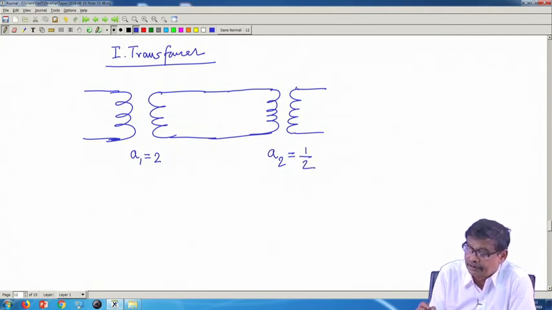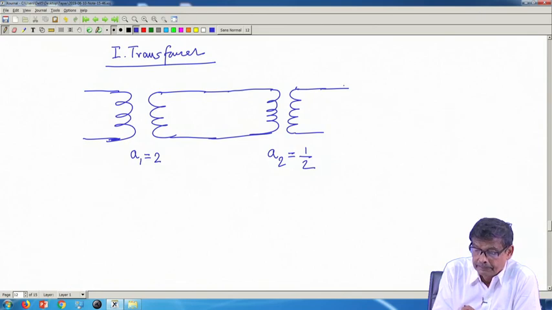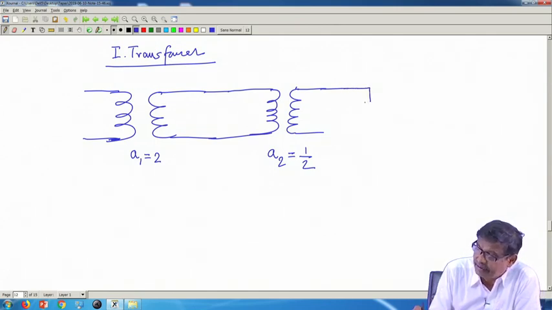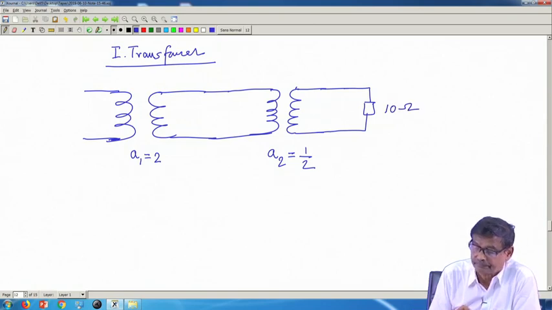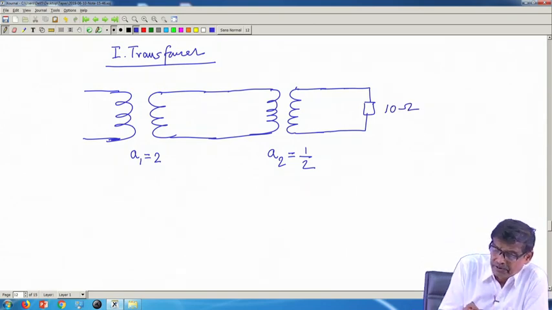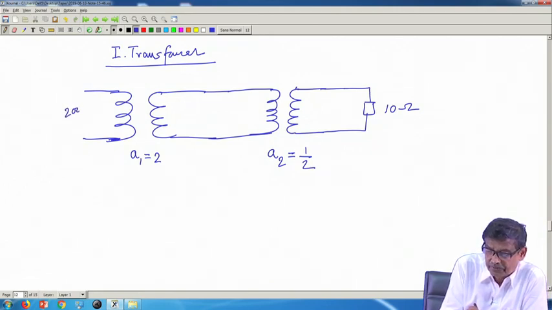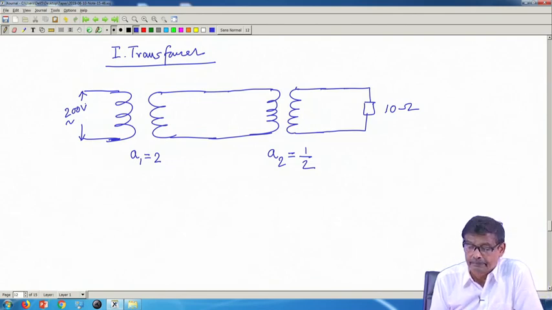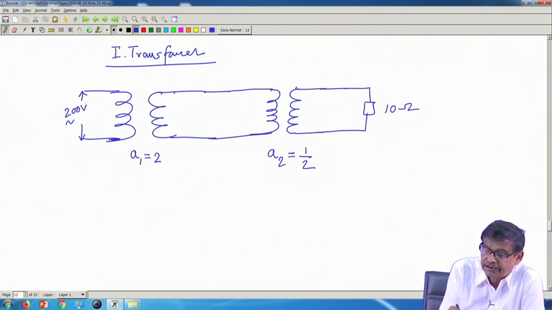Suppose he has connected an impedance of 10 ohm on this side, and you have connected a 200 volt, 50 hertz source here, 200 volt AC RMS. Tell me what is the voltage here?